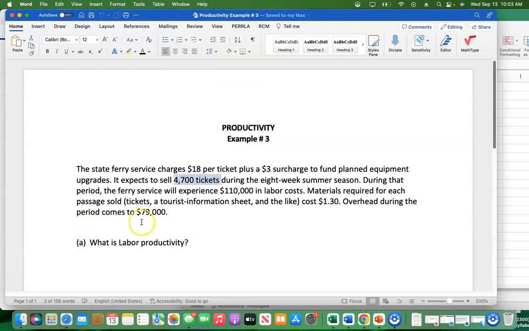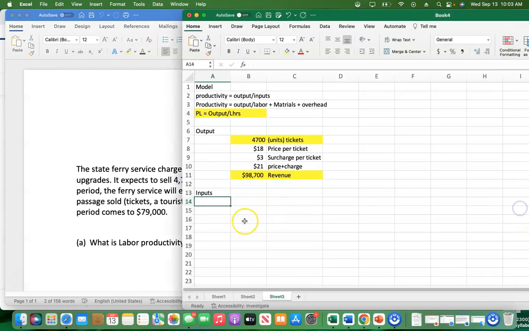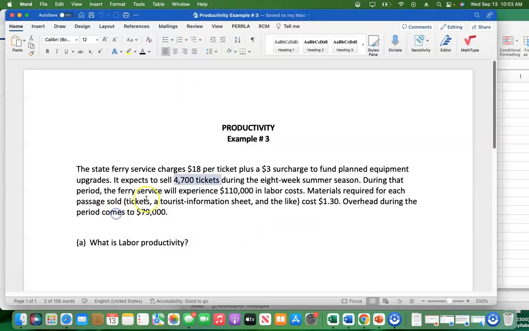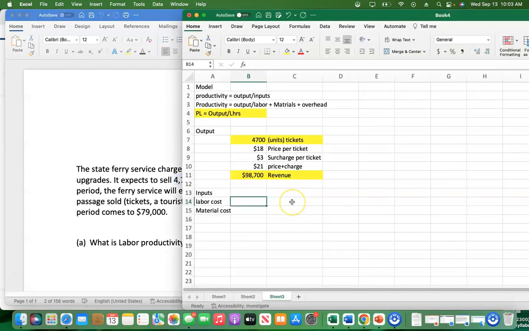In this case, we have the labor cost, the material cost, and overhead cost. So I'm going to write here labor cost, okay, material. But let me first start with the labor cost here. We know that the labor cost will be 110,000. So that's the labor cost.